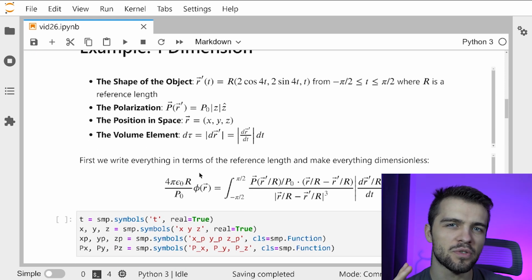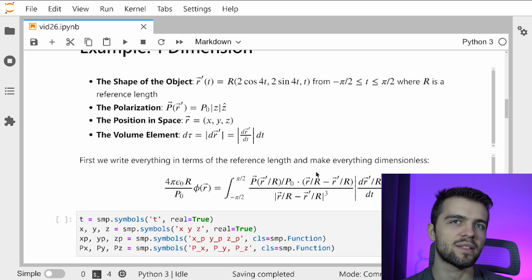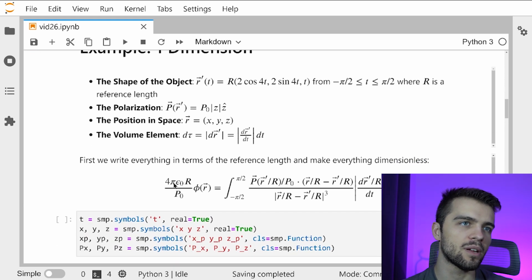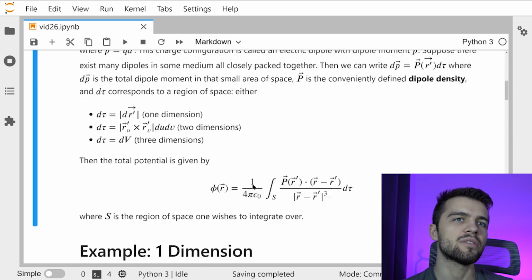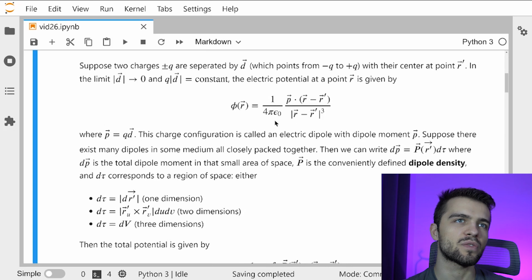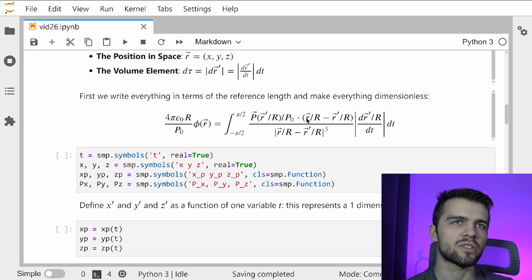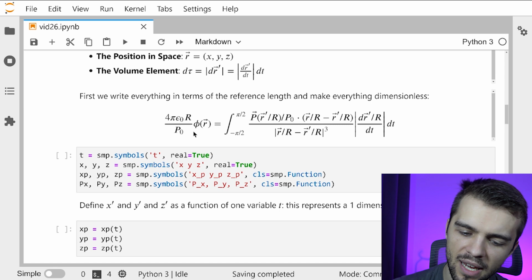First, I think it's useful to write everything in terms of the reference length and then make everything dimensionless. So what I'll do is I divide by P naught and I multiply by 4 pi epsilon naught R. And you see that that takes everything in this formula and turns the right-hand side into something dimensionless. Then I have these factors of r prime over R and r over R. So that's just making everything dimensionless.